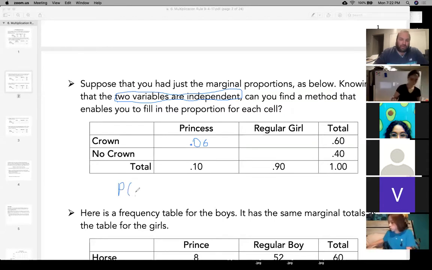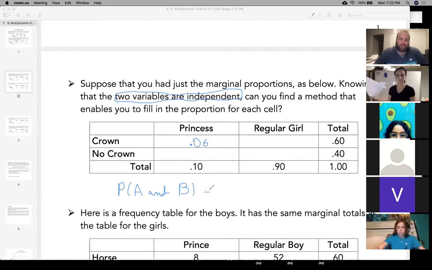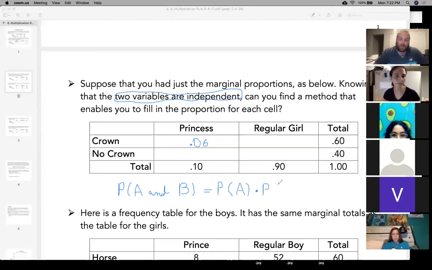Let's try this one. Don't we have the formula that if two events are independent, then the probability of both of them occurring is just the product of their individual probabilities? Have we seen that formula? Can you repeat? Well, I wrote it.